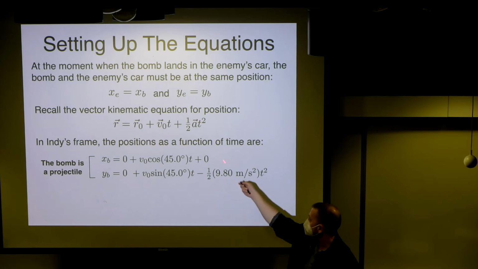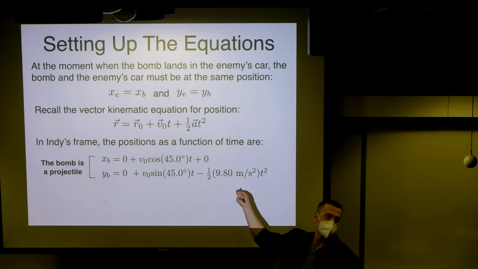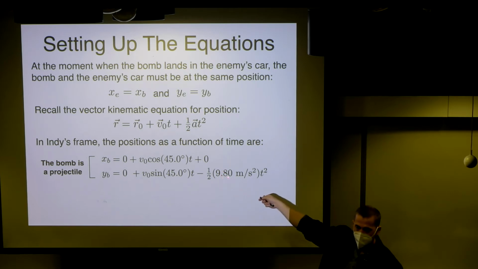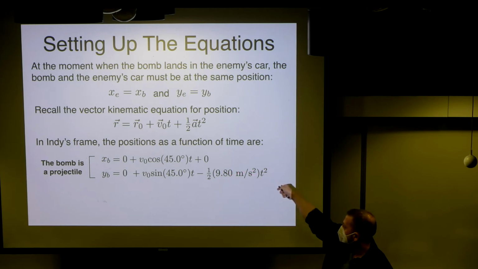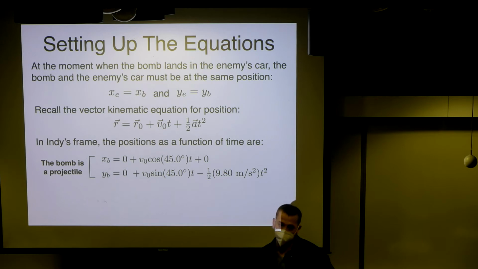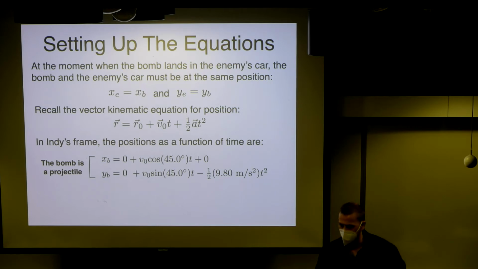And then remember, acceleration is just minus 9.8 meters per second squared. So I'm just going to put that right in here, okay? So it's minus 1/2 times 9.8 meters per second squared, t squared. Those are the equations that describe how the bomb is moving as seen from Indy's perspective, okay? So just applying the projectile motion equations.